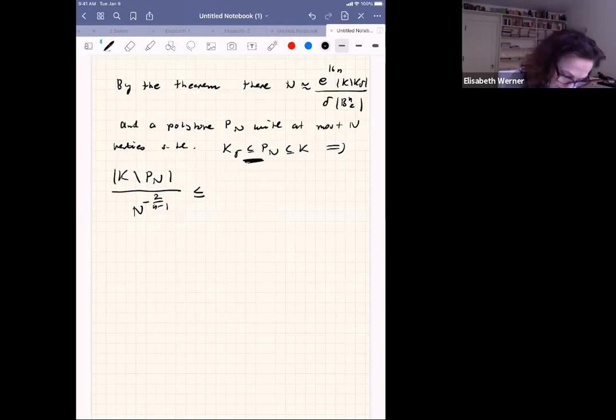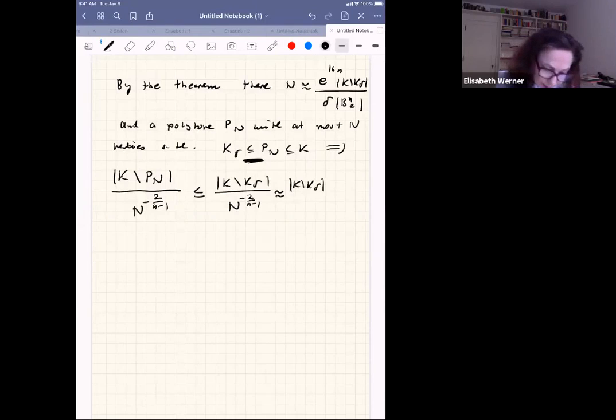This is smaller or equal than the volume of K without K delta, divided by, well, here I don't change anything, but now we use that n is of this order.